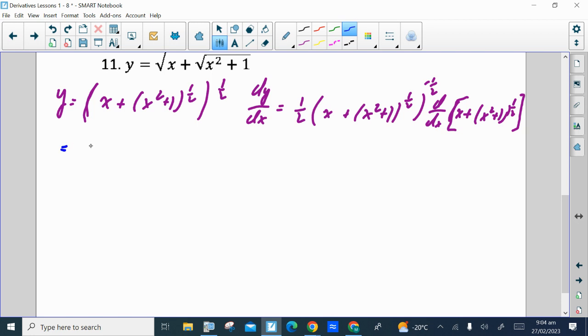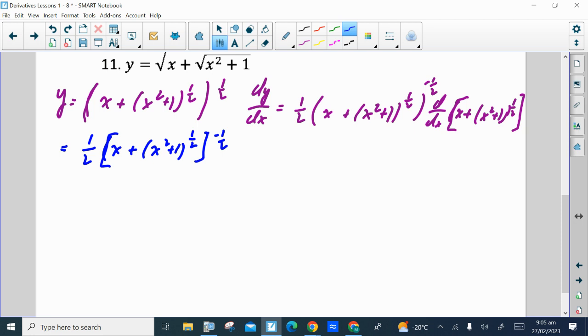So I've got the 1/2, I've got x plus x squared plus 1 to the power 1/2. That's all raised to the negative 1/2.